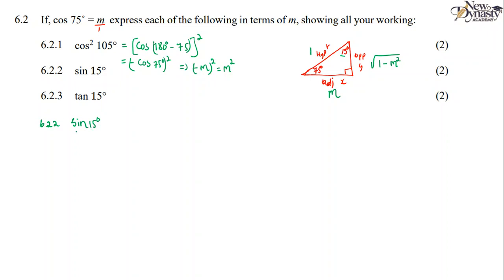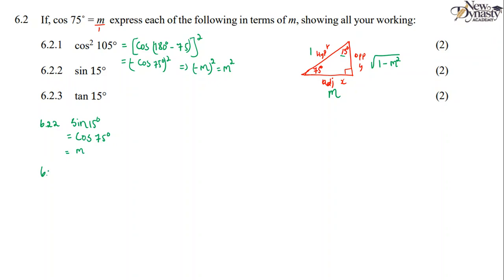So having sine 15 here is going to be the same as having cos 75, because remember that sine of 90 minus 75 is the same as sine of 90 minus 15. So in this case, cos of 90 minus 15, because those are the complementary angles. So sine 15 is the same as cos 75, because when you add 75 and 15, you get 90, complementary angles. So that is just going to be m in this case. That one is quite easy.